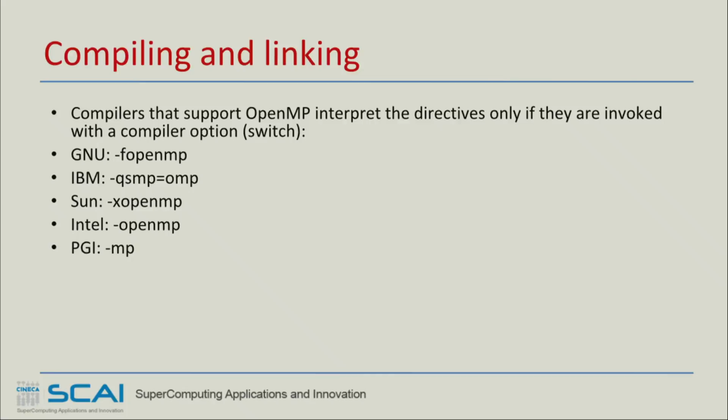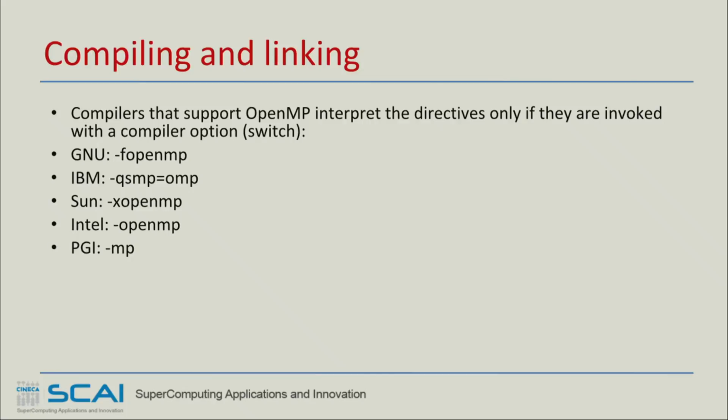They are quite different for different compilers, and sometimes they also change. For example, this is for GNU. For IBM compilers, it's a mess, obviously. I don't know if the Sun compiler still exists. For PGI, probably it's different right now, and for Intel it is, of course, different. It's dash Q OpenMP.